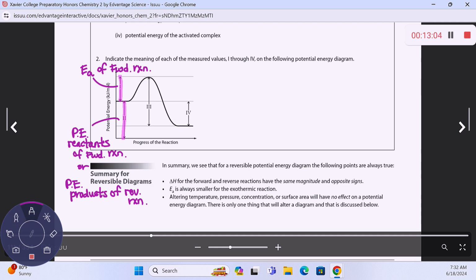Okay, what's Roman numeral number 3? Reverse activation energy. Yes, this would be the activation energy of the reverse reaction. And then Roman numeral 4. Enthalpy change. Yeah.